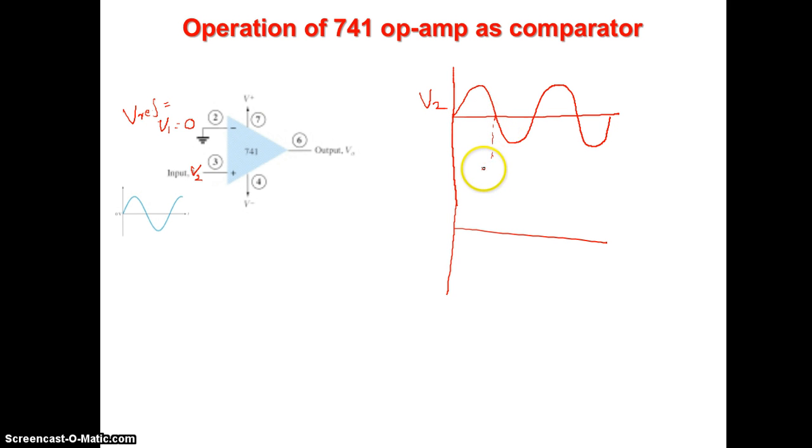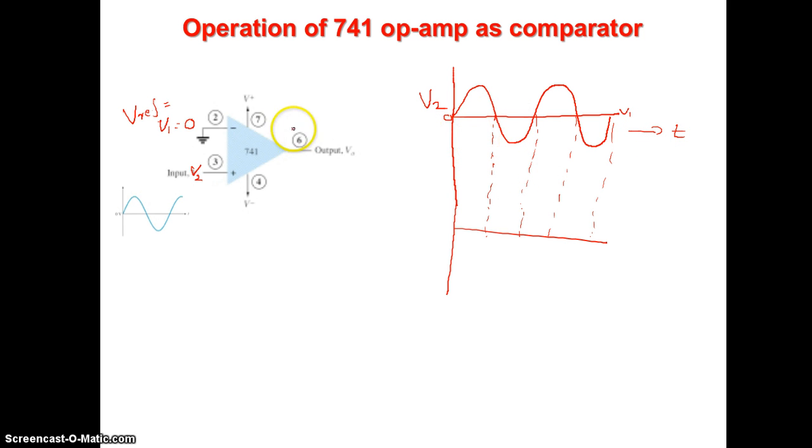I'll mark the levels here for your understanding. This is V2, and 0 potential is V1. This is the time axis.